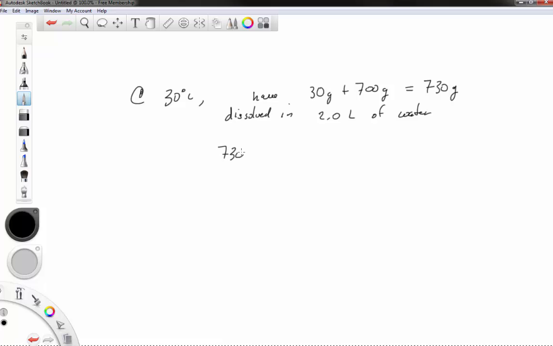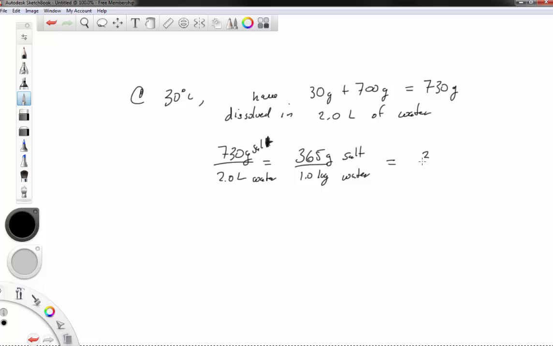It's basically 730 grams per 2.0 liters, which is the same thing as 365 grams per 1 kilogram. This is salt, and this is water. And so that's also 36.5 grams of salt per 100 grams of water.